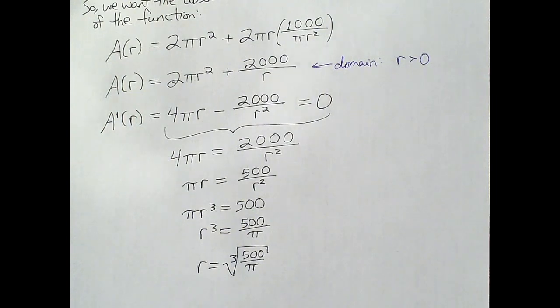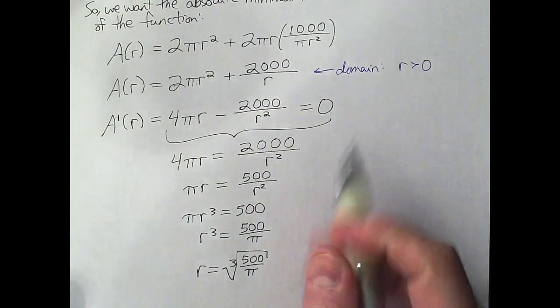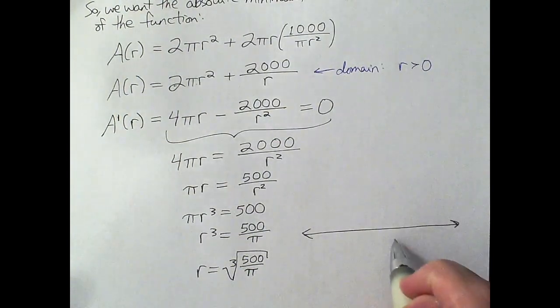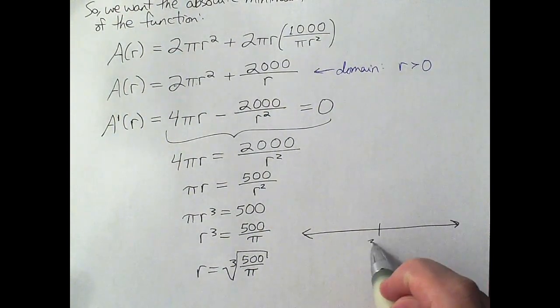A little over 150? Let's say it's around 150. Let's say this is like the cube root of something around 150. And what's the cube root of something around 150? Well, I know that the cube root of 125 is 5. Maybe this is 5 point something. Let's set up a sign chart with this number.